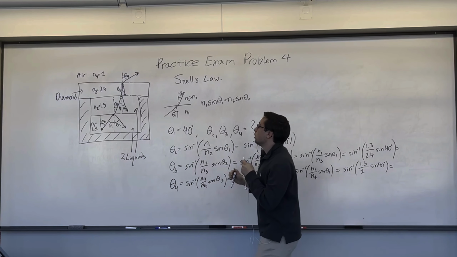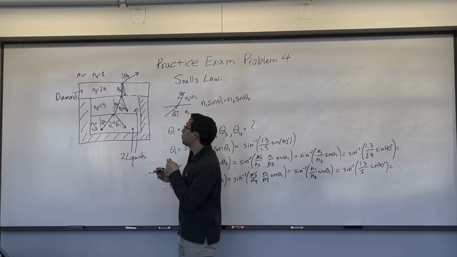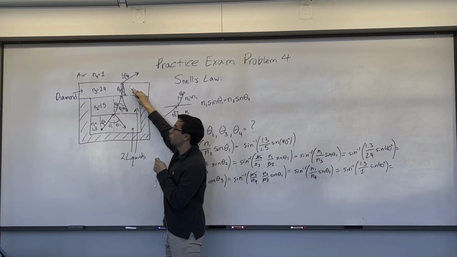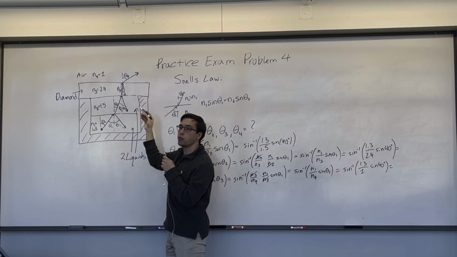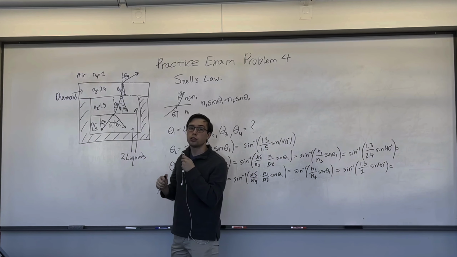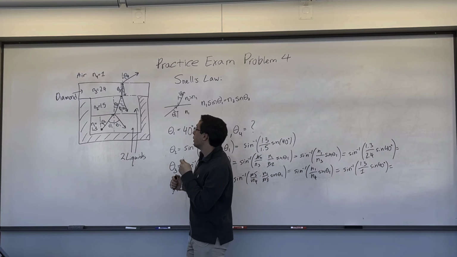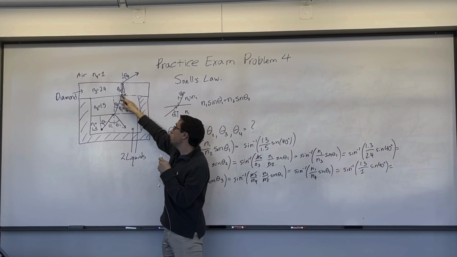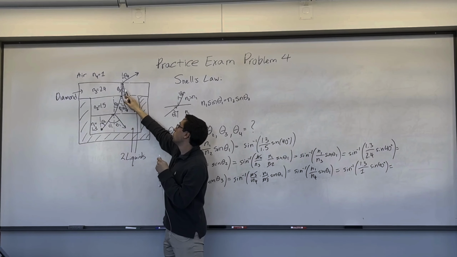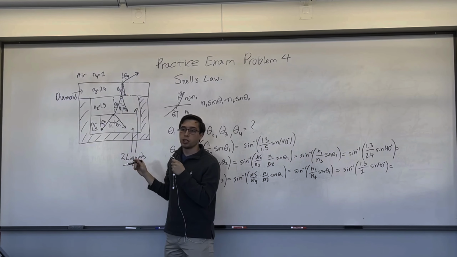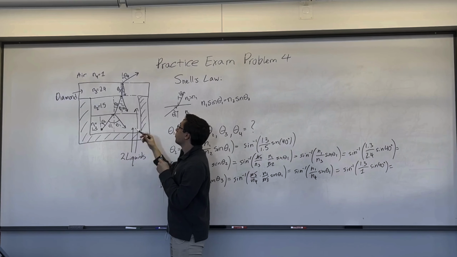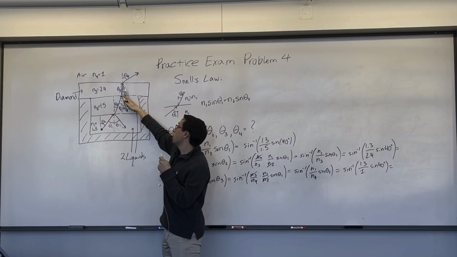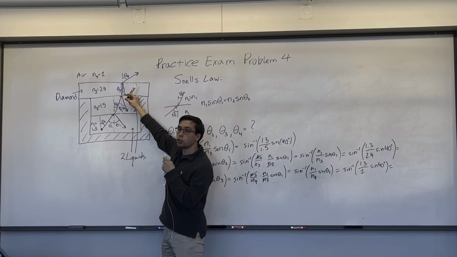And so that can be important because sometimes when you're going from a large to a small index, you can have something called total internal reflection. And what that means is that essentially this angle theta 3 could be too large to allow any light to transmit. Right? You can see as I increase theta 3, theta 4 is going to be larger.